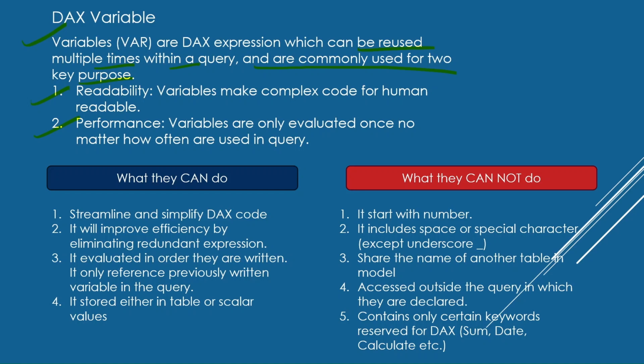When we use a DAX variable, it makes complex code human readable. Suppose there's a business logic that contains 100 lines of code, and that logic is used in 10 different places in the query. So it becomes 1,000 lines of code, and it will be very difficult for a human being to read.